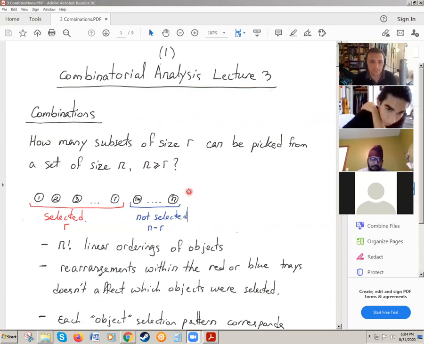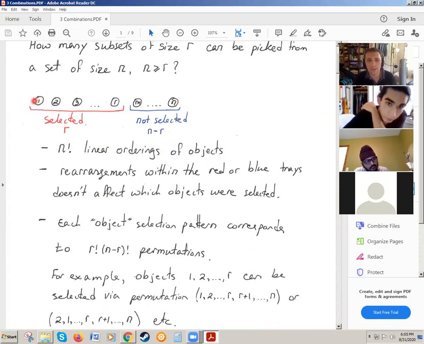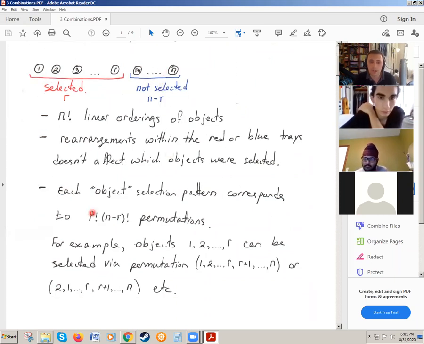Okay, so clearly there are n factorial orderings of those objects linearly. So this is one particular ordering, but how many rearrangements are possible? You see, once you place a particular sequence, the objects in the red tray can be permuted among themselves. So there are going to be r factorial permutations of those objects among themselves, and (n minus r) factorial permutations of the objects in the blue tray among themselves, for a total of r factorial times (n minus r) factorial permutations.